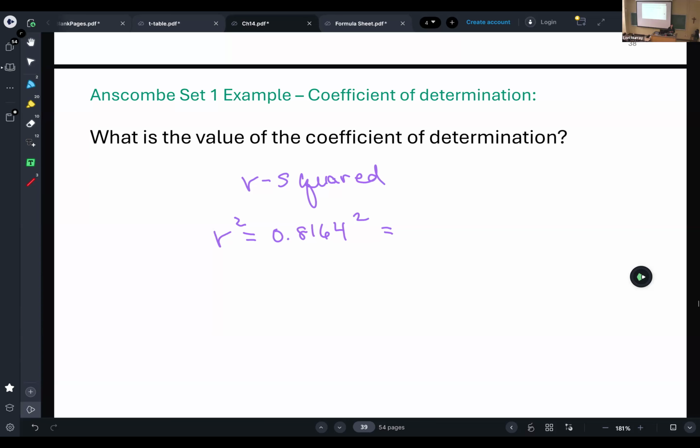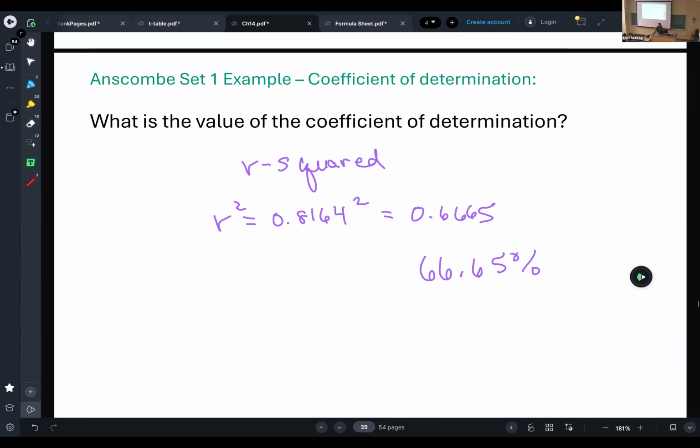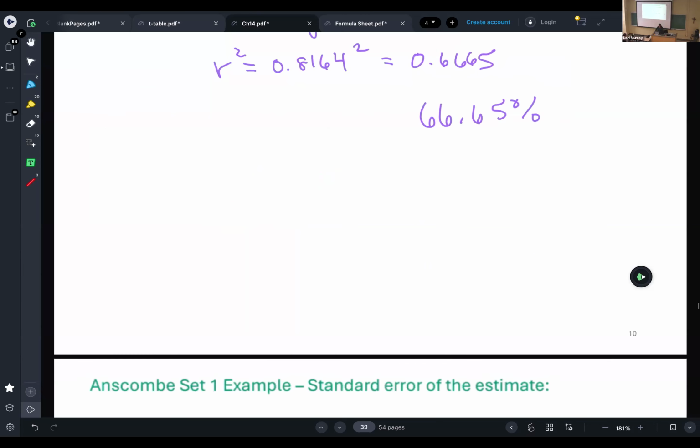Shouldn't be too difficult, right? 0.6665. Or we can say 66.65%, which in real data is very good. Although this was Anscombe, human-simulated data. So 66.65% would be considered a good model.